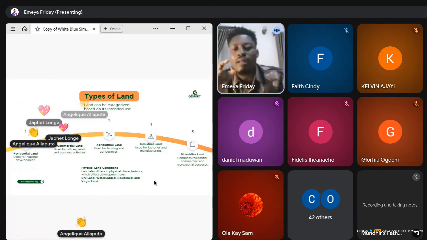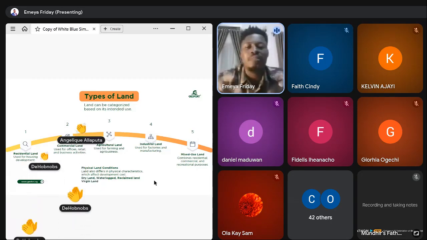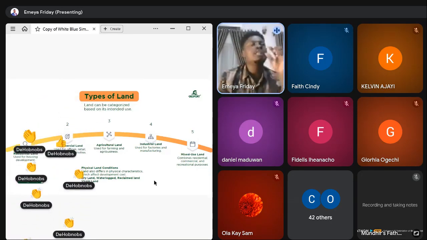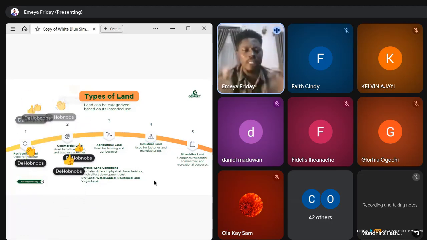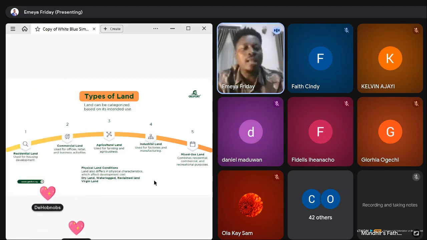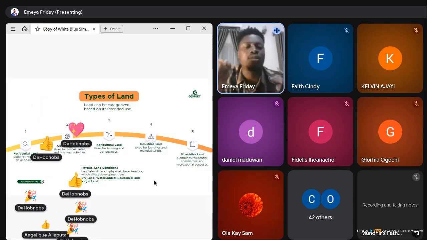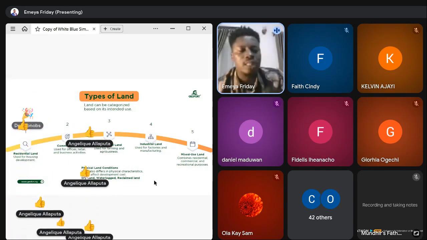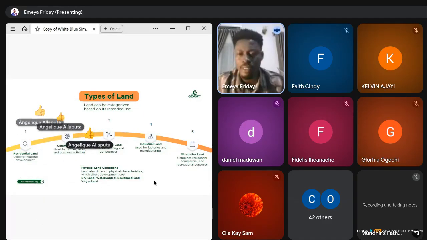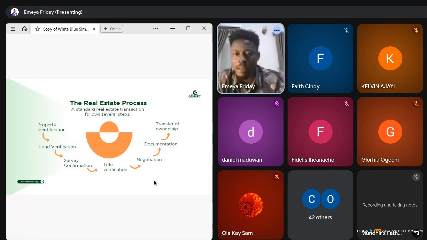A waterlogged land will cost more in terms of development because you need to factor in the cost of sand filling. Can you see the difference? So as a realtor, you must walk the land to tell the physical land conditions. These factors affect construction cost and feasibility. You must take note of that.